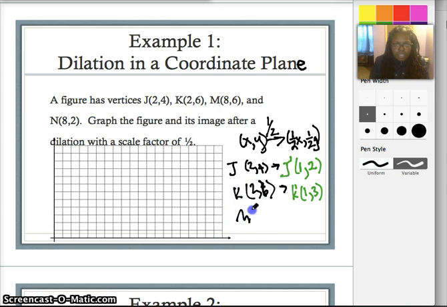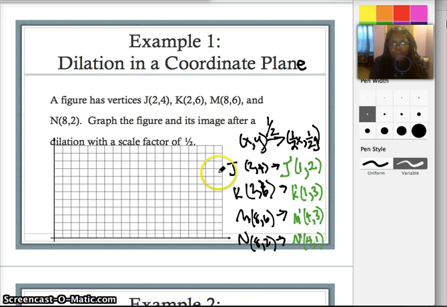M, which is 8, 6, I'm going to get M prime as being 4 and 3. Again, just multiplying by 1/2 because that is our scale factor. N is given as 8, 2, and I will multiply each term to get N prime, and N prime is going to be 4 and 1.